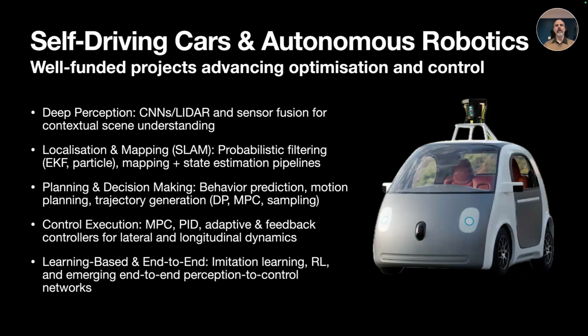There are techniques called simultaneous localization and mapping, or SLAM, for probabilistic filtering, and they use the techniques that you think of, extended Kalman filters and particle filters, combined with maps. Effectively it's a state estimation problem. The challenge is to understand, based on all this sensor data, not only where you are, but how fast you are moving relative to all of these things, and how fast they are moving, so that you can then solve these planning and decision-making problems.